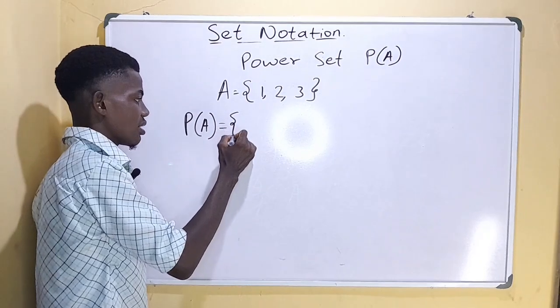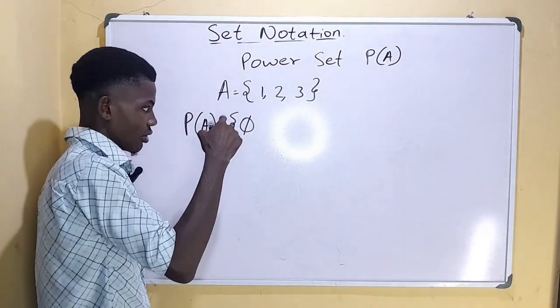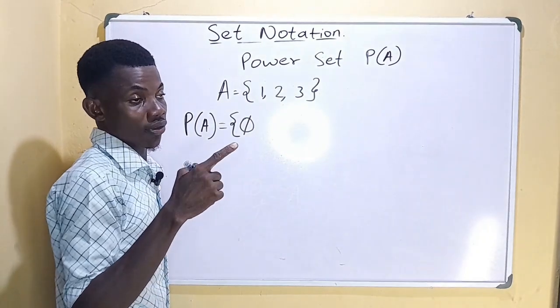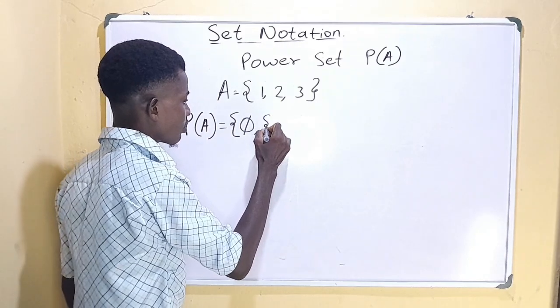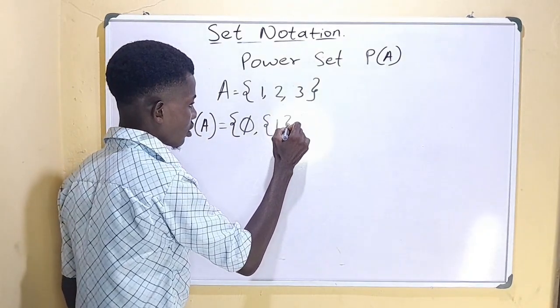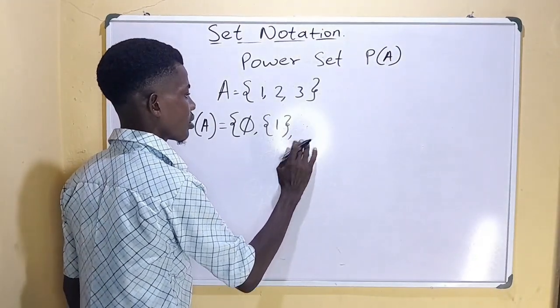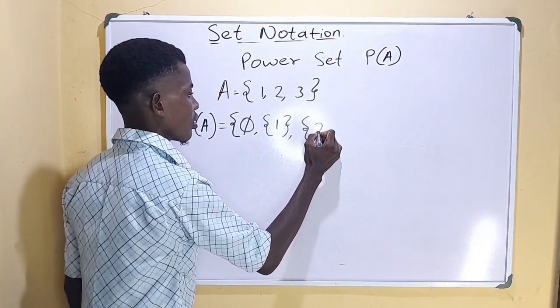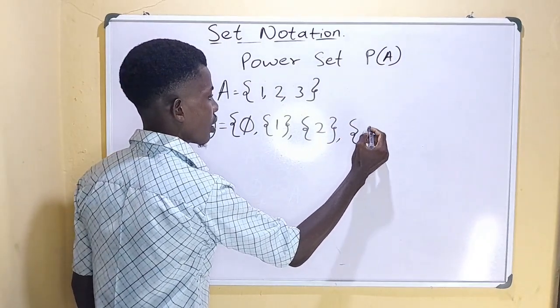So let's say the power set of set A is a set. First one is the null set. We know that the null set is a subset of all sets. Another one is this. Another one is 3.